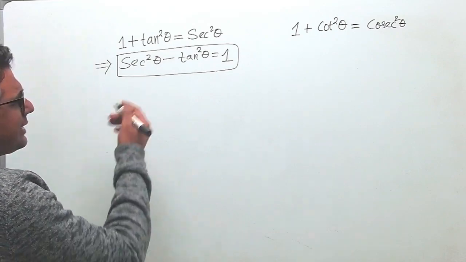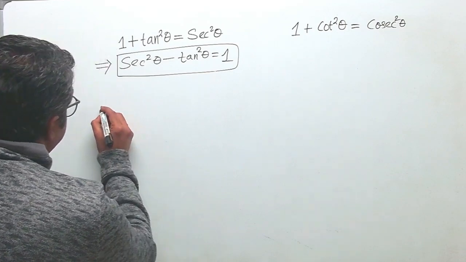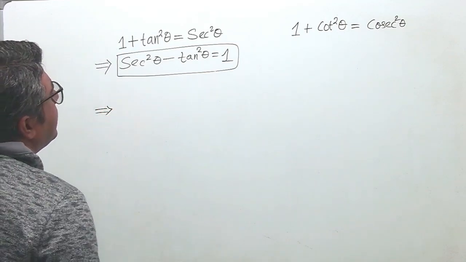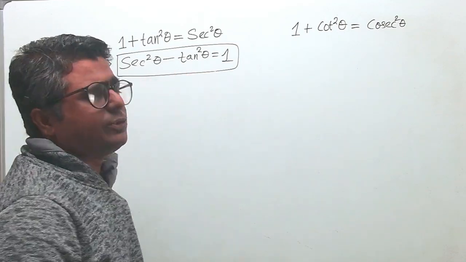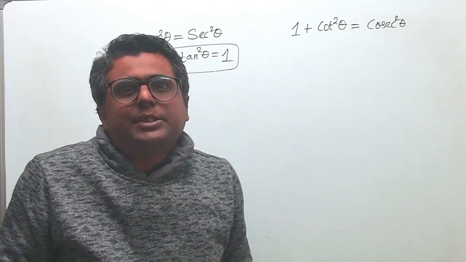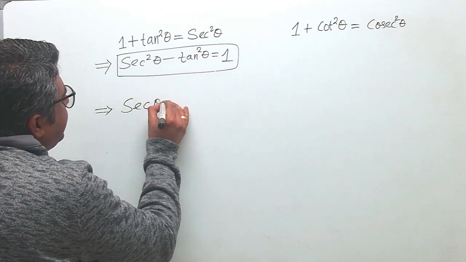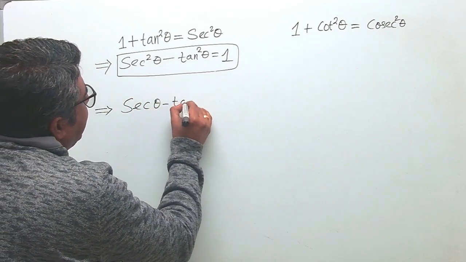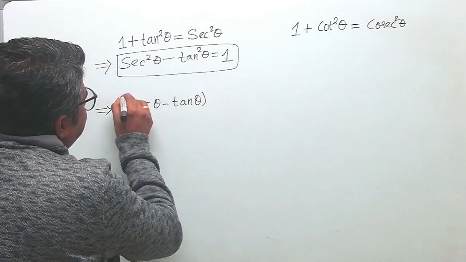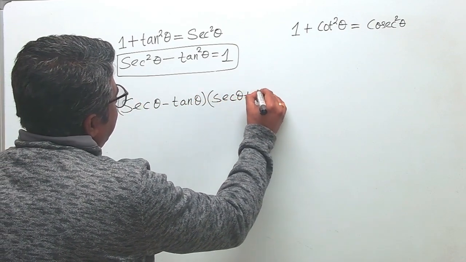Acha, anything else that I can do from this one? Yes, there is another thing. See this one: sec square theta minus tan square theta. Don't forget, my dear friends, it is a square minus b square, a minus b, a plus b. So, this can also be written as sec theta minus tan theta times sec theta plus tan theta.